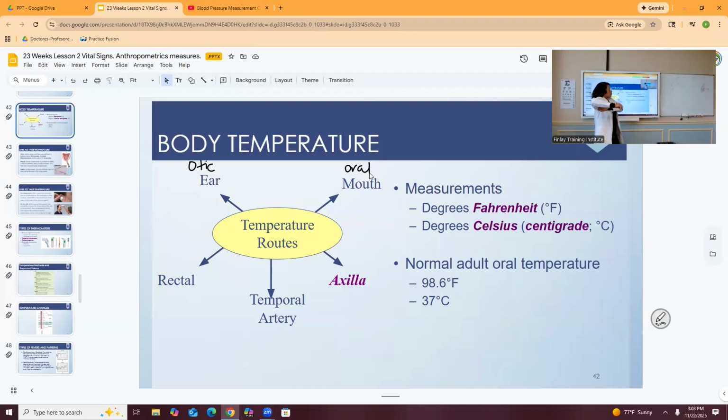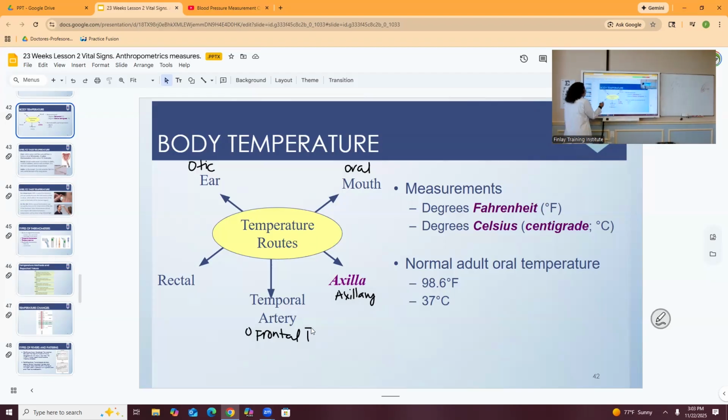When we put the thermometer under the arm, this is the axillary temperature, because we put it under the arm in the axilla. Then the temporal artery or frontal temperature, because we're going to use either our temporal side right here, or we're going to place it on the forehead. This is what we learned in COVID, right? Everybody was taking the temperature on the forehead.